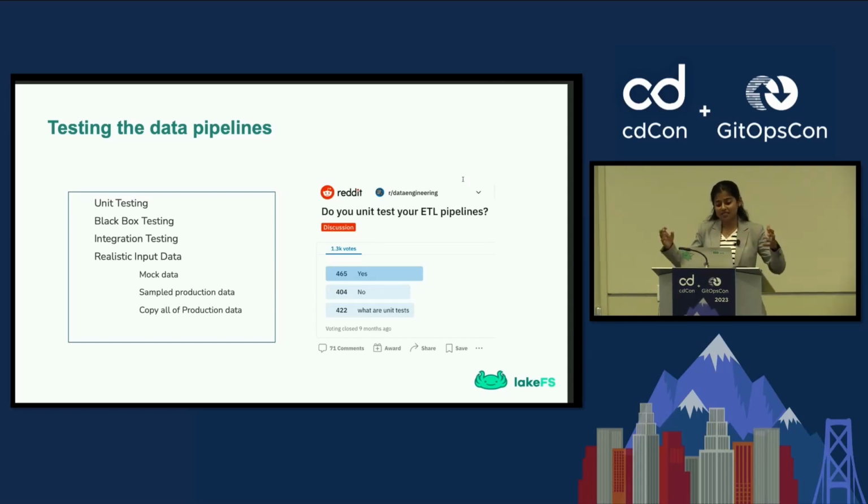Because of this complex ETL setup, we need to do integration testing or end-to-end testing of our pipelines and not just stick to the basic unit testing or black box testing. But then, easier said than done, right?